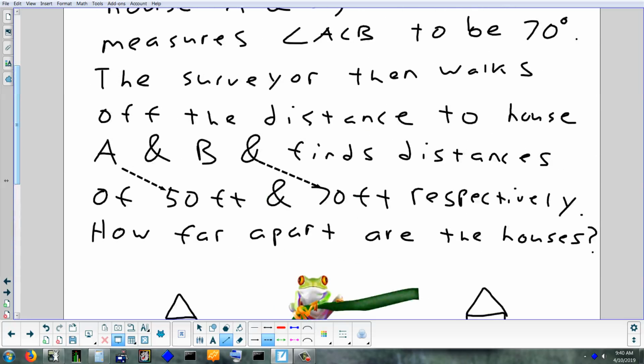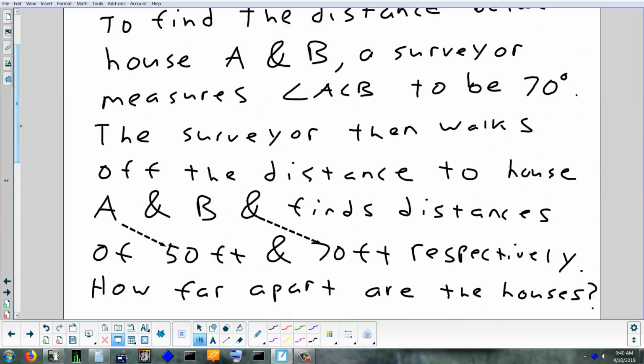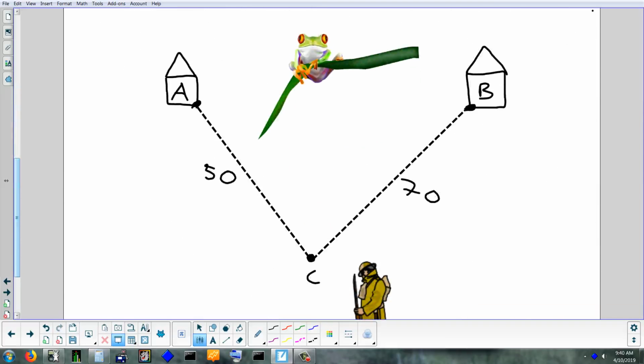So A is the 50, B is the 70. And the surveyor knows that angle ACB is 70. That's the angle from where they're standing to the two houses. So how far apart are the two houses?